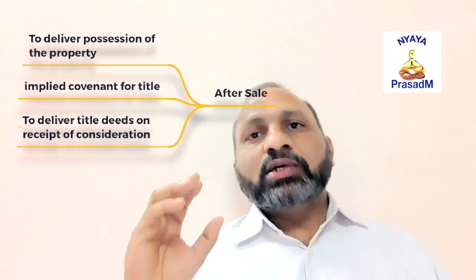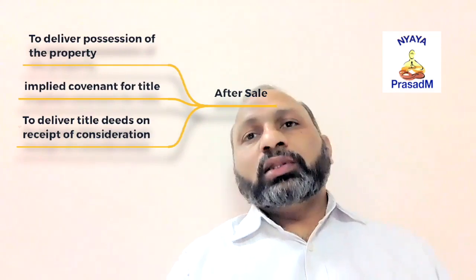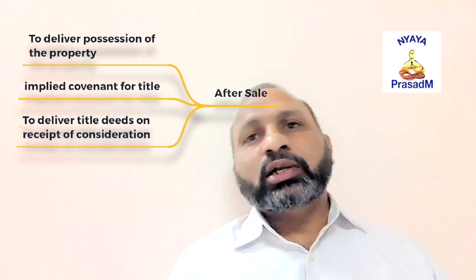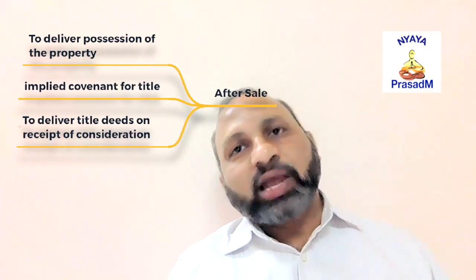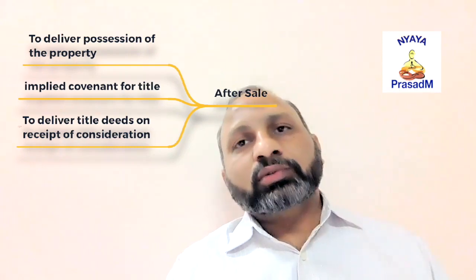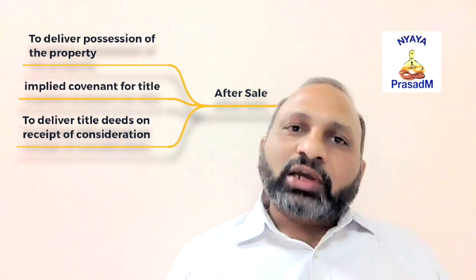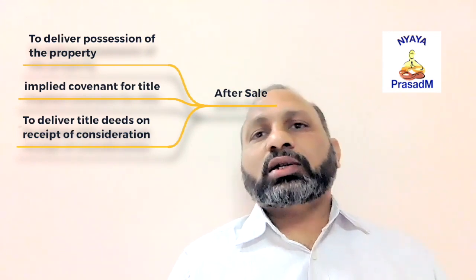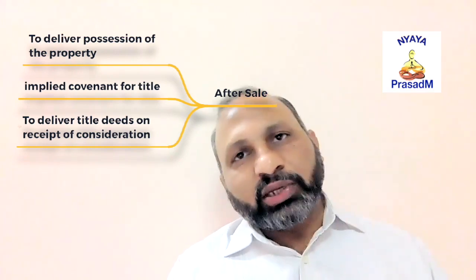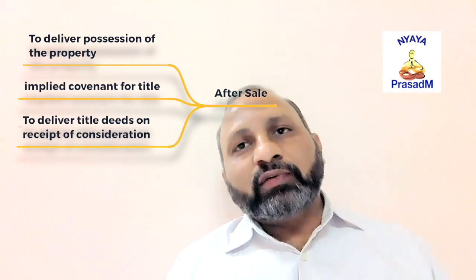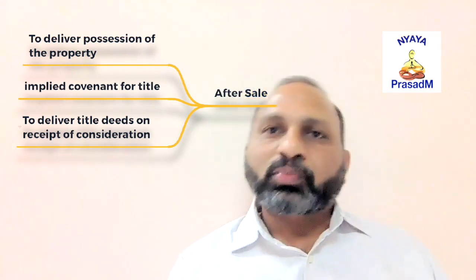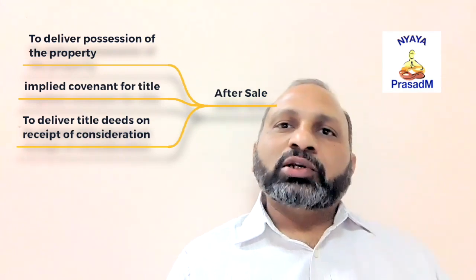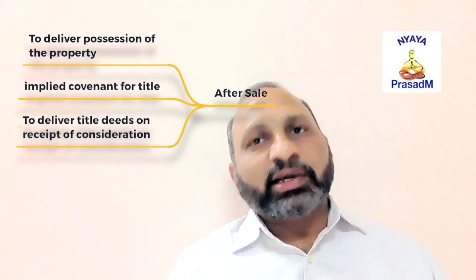After performing the sale of the property, the duty of the seller is to ensure that the delivery of possession is handed over to the new owner, that is the buyer. The second duty is implied covenant for the title, which means making him the implied title holder of the property. That means the seller is not dealing with anyone else in terms of any further transactions pertaining to a new sale or lease or anything as such.